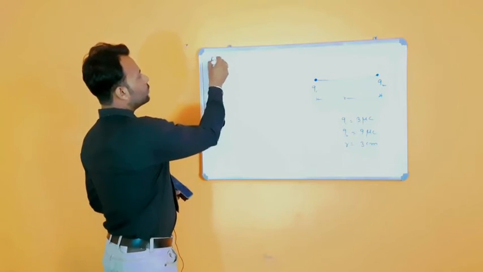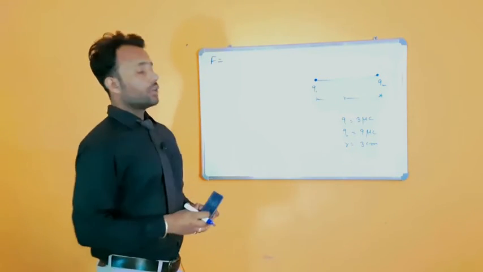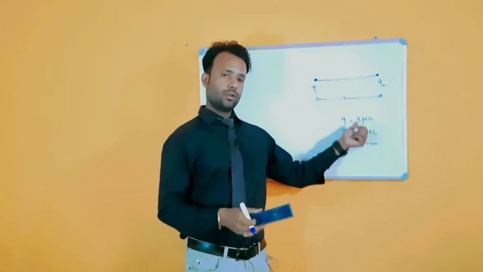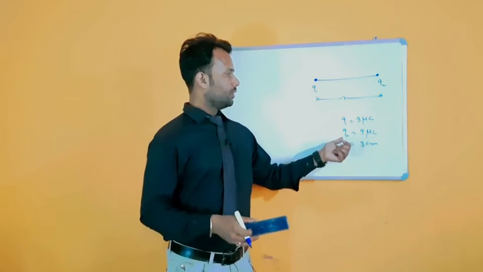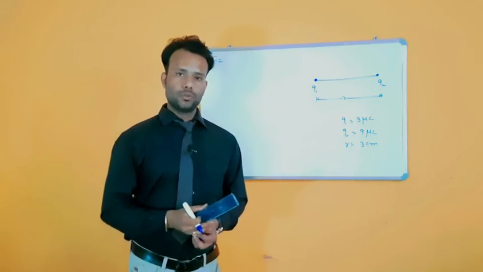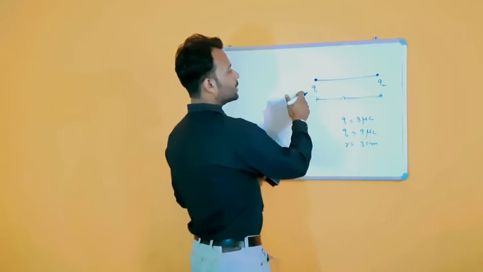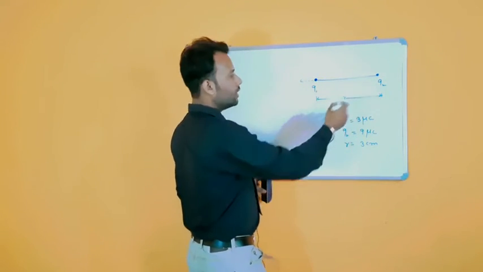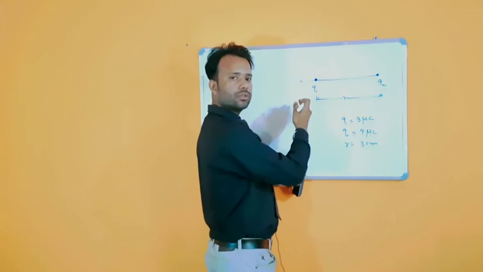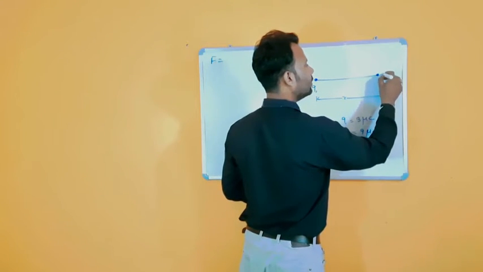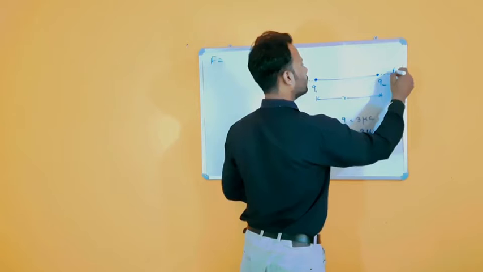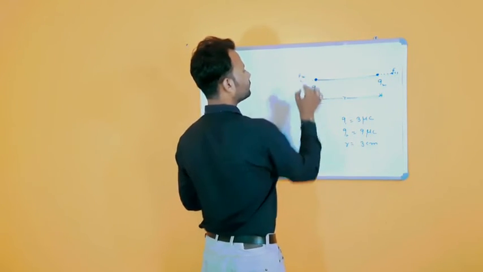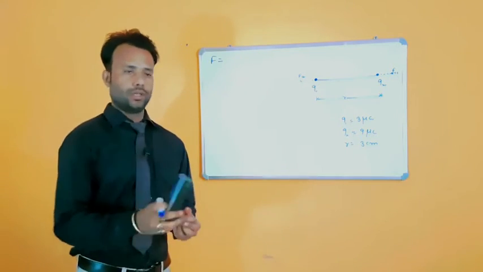We know that force of attraction or repulsion. See here, you can see that both the charges are of the same sign, positive sign. That means there must be a repulsive force between them. Q1 experiences a force toward this side due to Q2, and similarly Q2 experiences a force toward this side due to Q1.